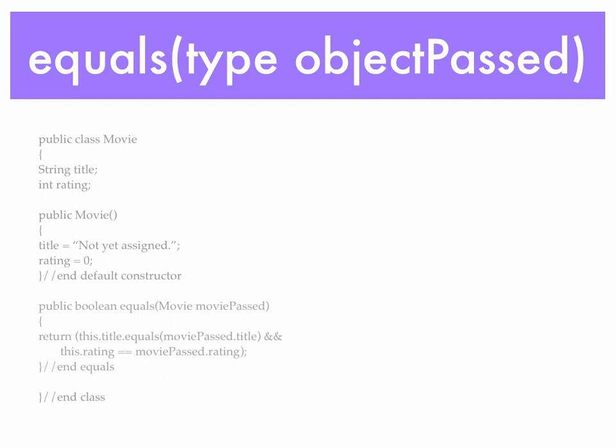And we do that with this.rating equals moviePassed.rating. So here we have, using Boolean logic, the line that first we compare the two titles and we compare the two ratings. And if they're both equal, we return back true. If not, we return back false. That's our equals method. And this is a very typical equals method for a class.